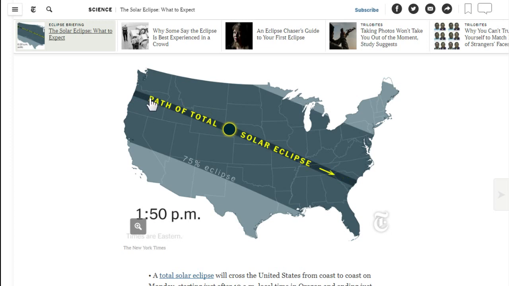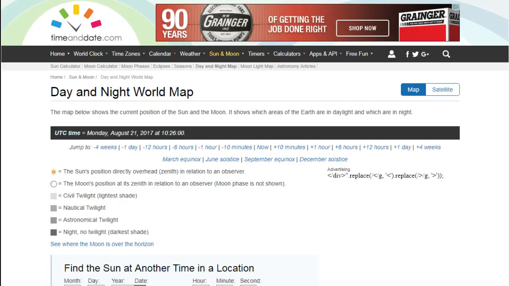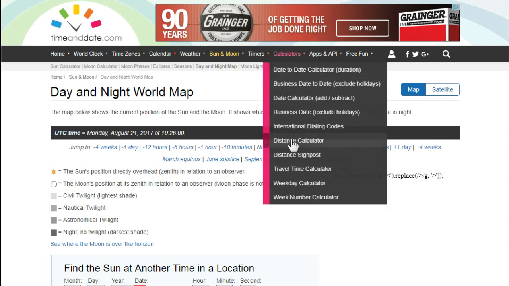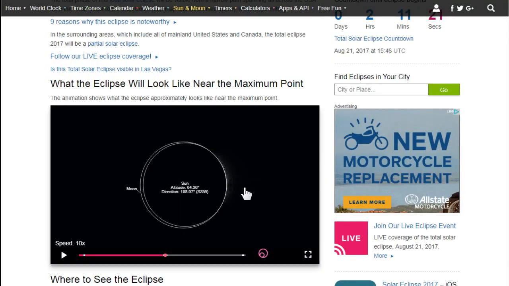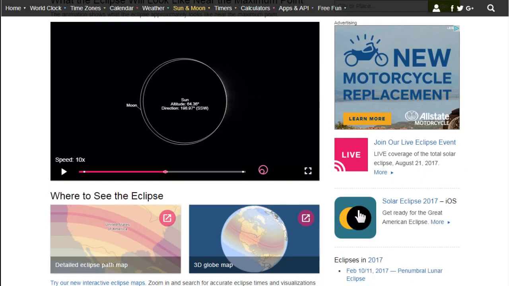When this thing leaves Oregon and ends up in Idaho and Montana, people in Oregon are going to start seeing the eclipse like people in Vegas. It's not going to be total. In other words, as they move away from you, it's going to look like you see here. That doesn't mean they're not aligned.